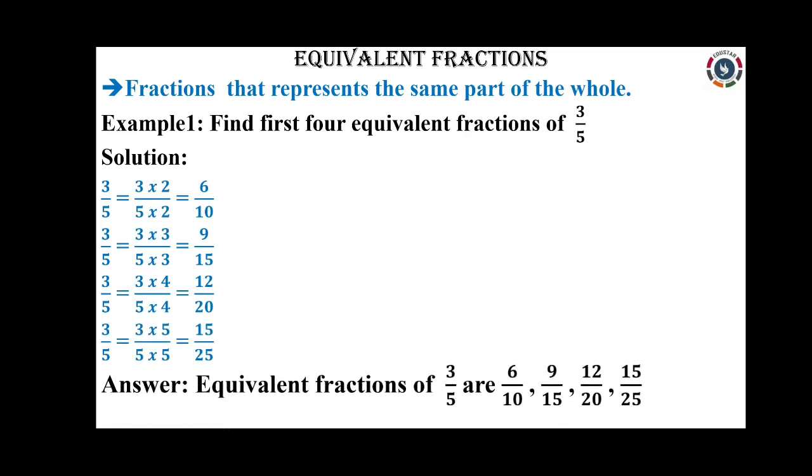The first 4 equivalent fractions of 3 by 5 are 6 by 10, 9 by 15, 12 by 20 and 15 by 25. Once again I am telling, to find the equivalent fraction we have to multiply both the numerator and the denominator with the same number. If we multiply both the numerator and the denominator with the same number, we will get the equivalent fraction.